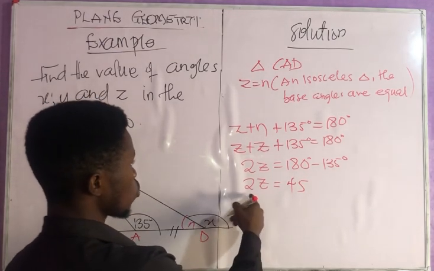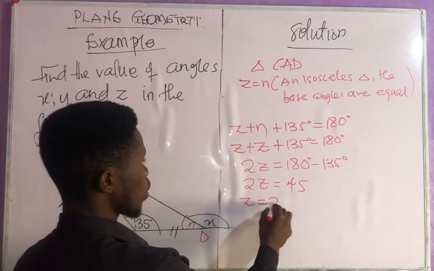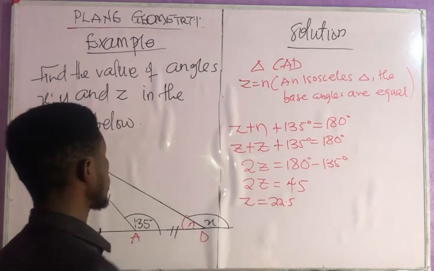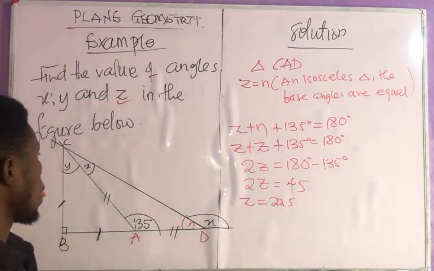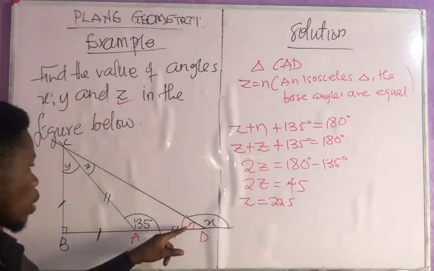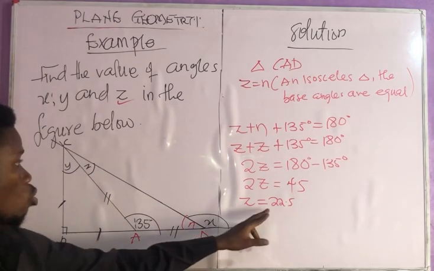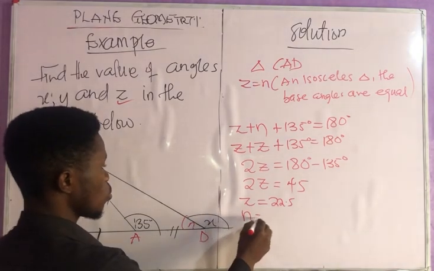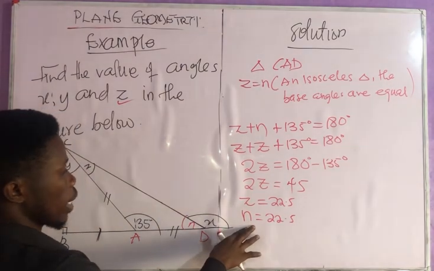Dividing both sides by 2, we have our z equal to 22.5. So that becomes our z. So this is achieved. Now, since we have our z to be 22.5, it means that our n is 22.5, because we are saying that z is equal to n.